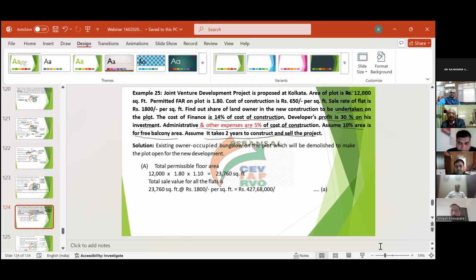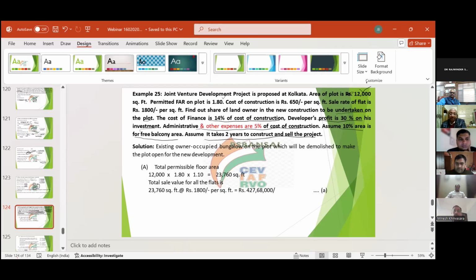So see here, FSI is 1.8, land area is 12,000 square feet, and 10% is free balcony area. It means you can increase the permissible construction by 10%. So total construction will be 12,000 multiplied by 1.8 into 1.1. So the total construction which is permissible is 23,760.